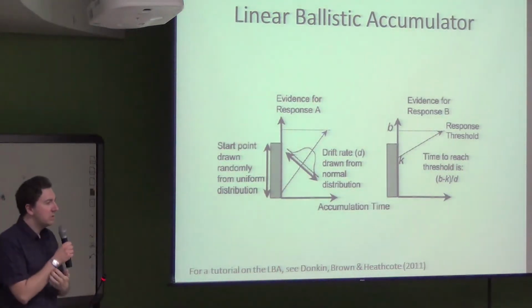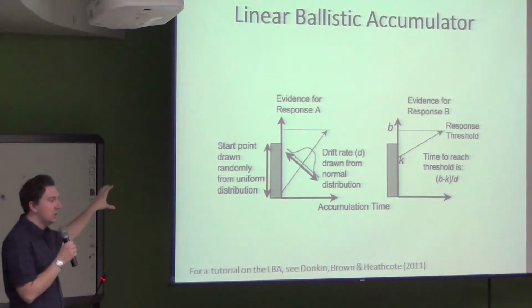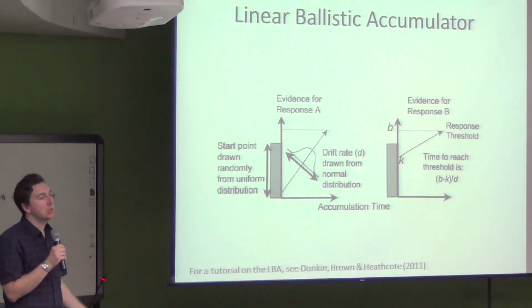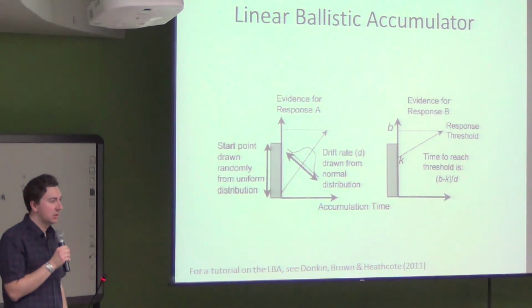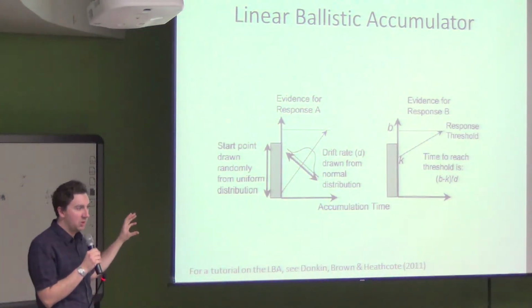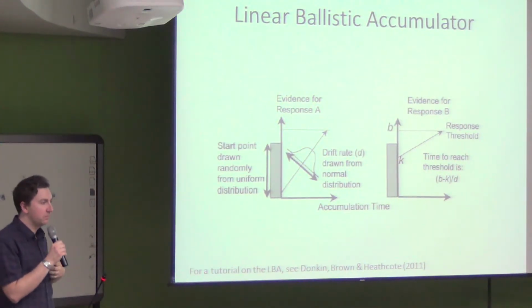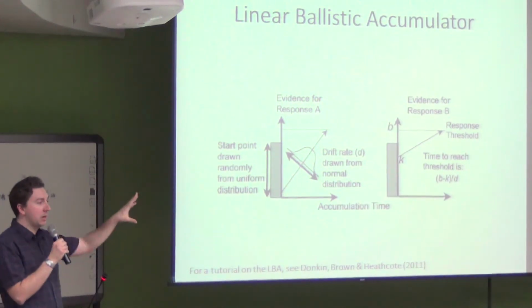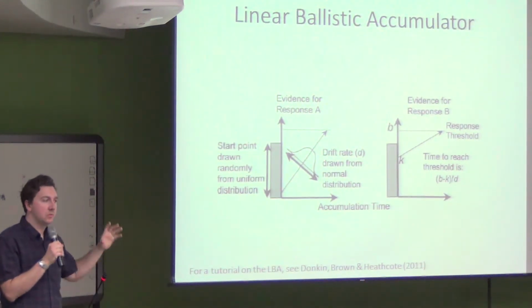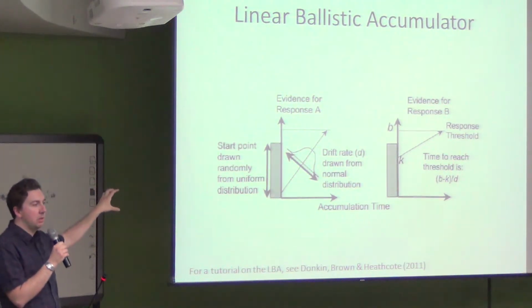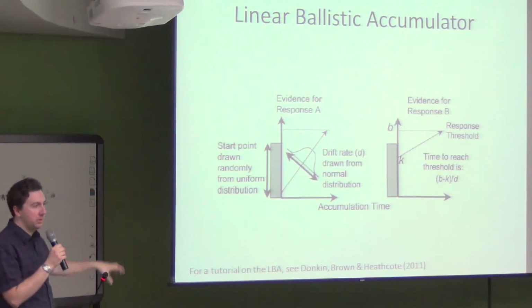This particular model, the way that it's set out on the screen here, is a representation you might have for a coactive process. You've got a race between each possible response, but you only have one drift rate for each of your dimensions, or one drift rate for your entire object. What I'm going to do in the next few slides is build up a few of these, and have sets of these racing in parallel or being combined in serial.